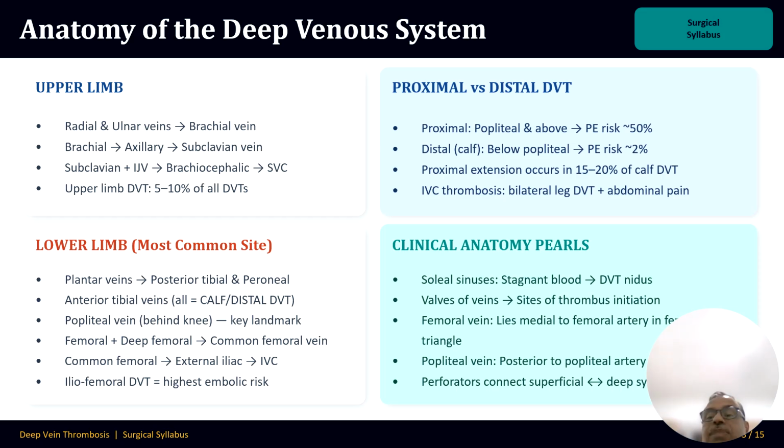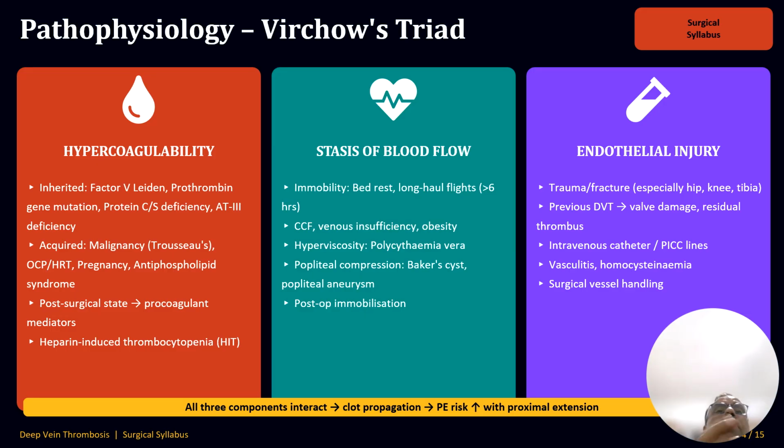Now, coming to the pathophysiology of deep vein thrombosis, I think this is a well-known triad which goes by the name of Virchow's triad, where three important parameters or predisposing factors would lead to development of deep vein thrombosis.